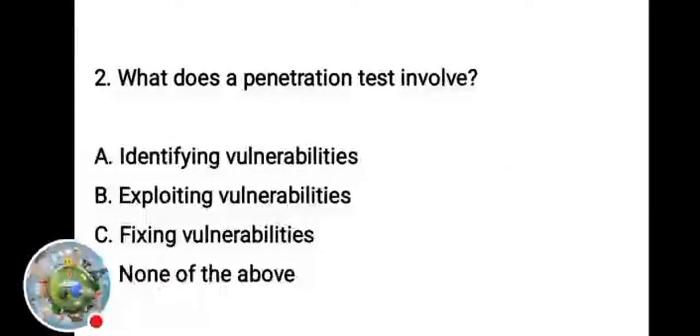Question number 2, what does penetration testing involve? Option A, identifying vulnerabilities, B, exploiting vulnerabilities, C, fixing vulnerabilities, D, none of the above.